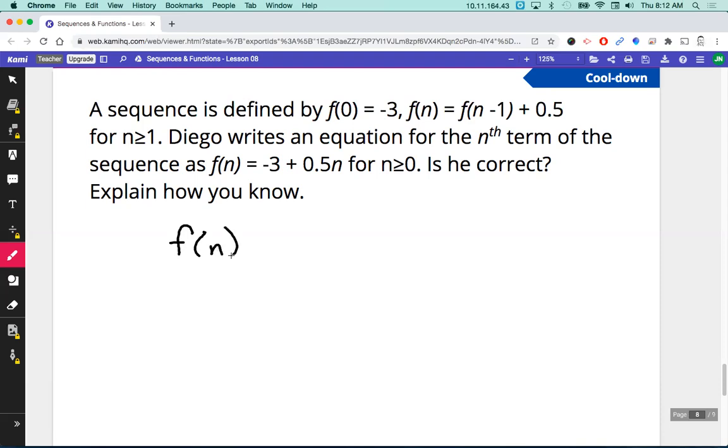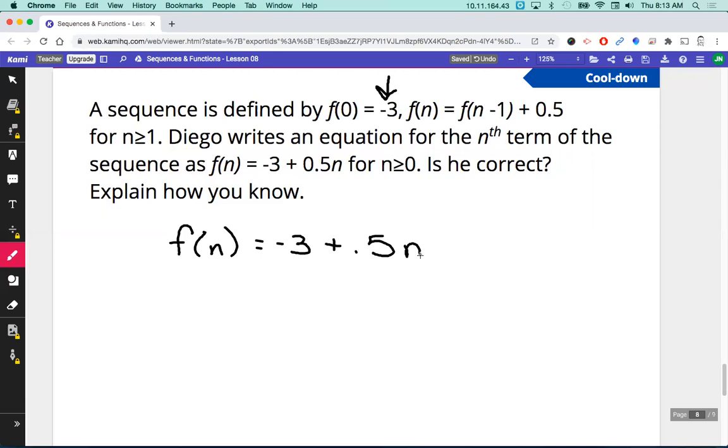We've got our starting point, which is -3. We're adding 0.5 each time, and we multiply that times n. Is that the same thing that he got? It does look like it is. Yeah, I think we're good. I think he's correct.